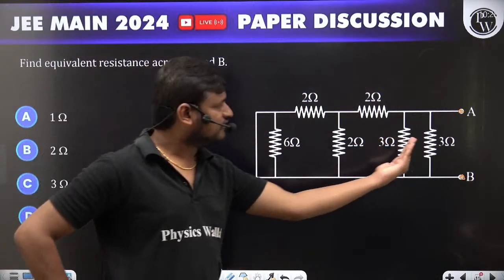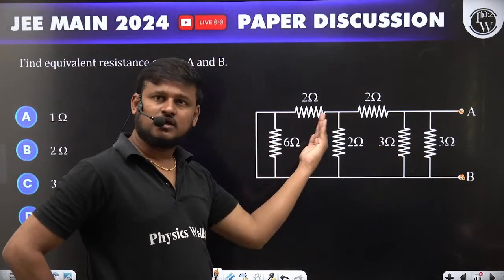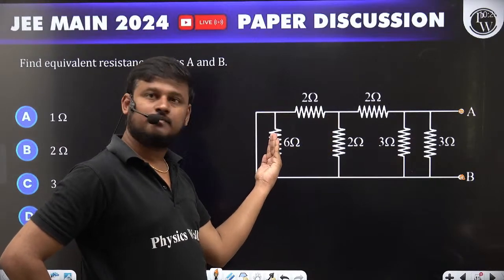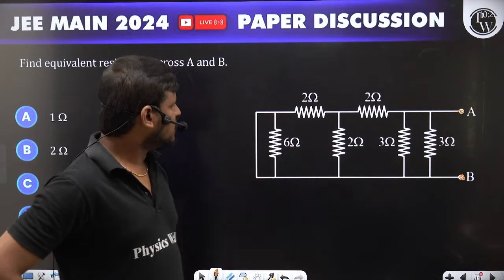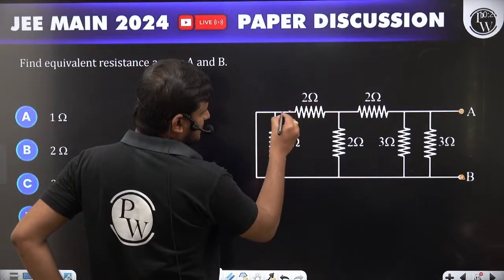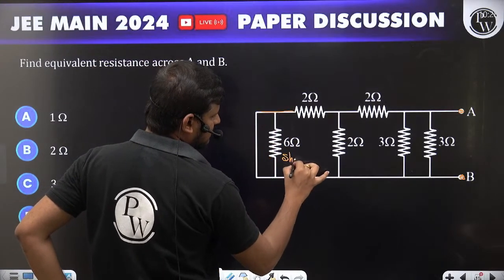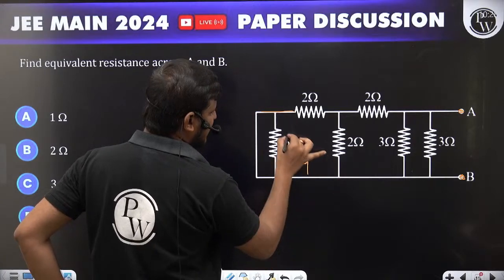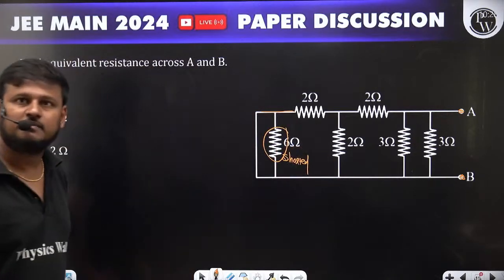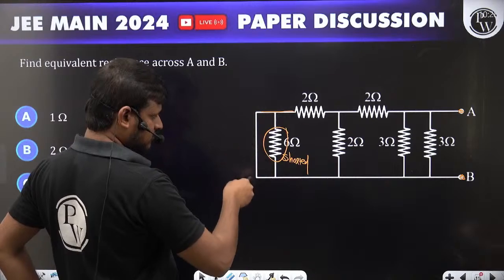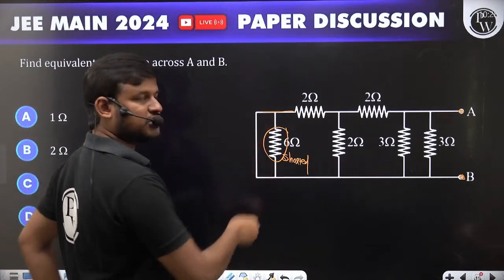Either you solve it from this side or from this side. Better to solve from here. How do I solve from here? This is shorted. This resistance has no use in this circuit because it is shorted, right? See here, it is shorted. This is called short circuiting, right?